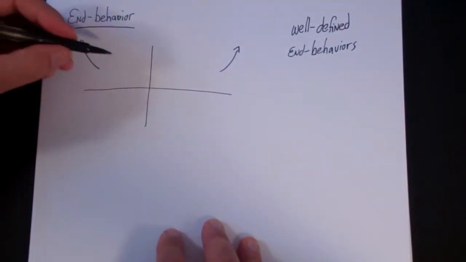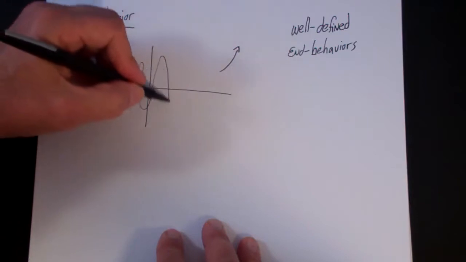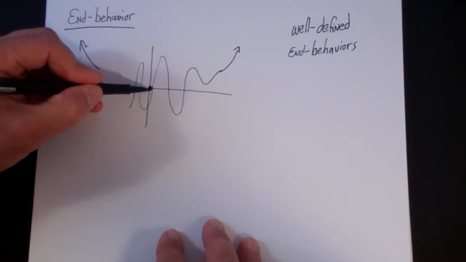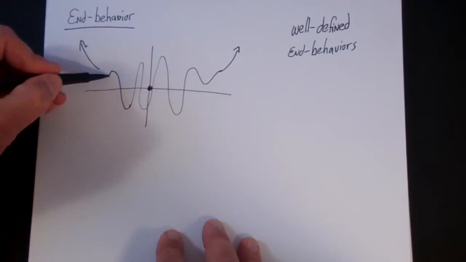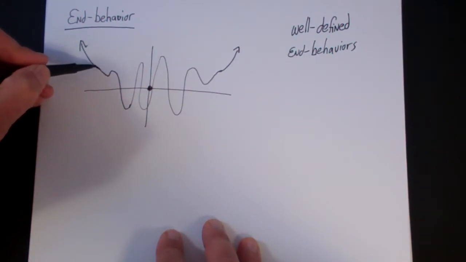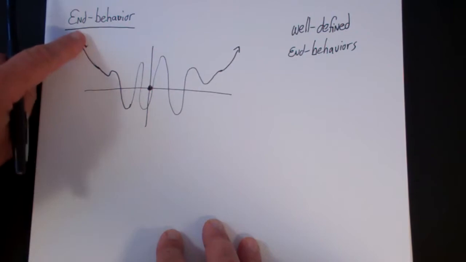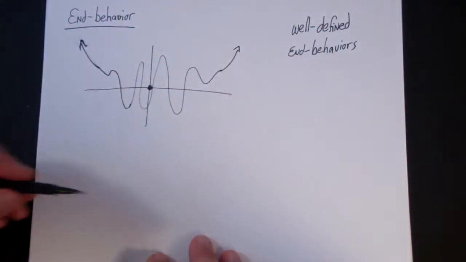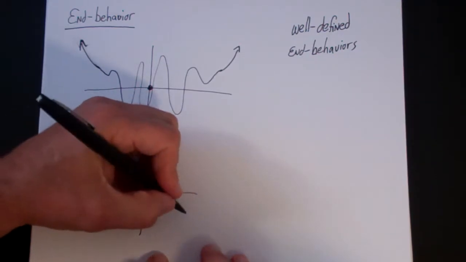Let's say you had a function which was pretty complicated when you were near the origin, but as you got away from the origin, it went to infinity, positive or negative infinity. In this case, positive infinity. And let me look at another case like that.